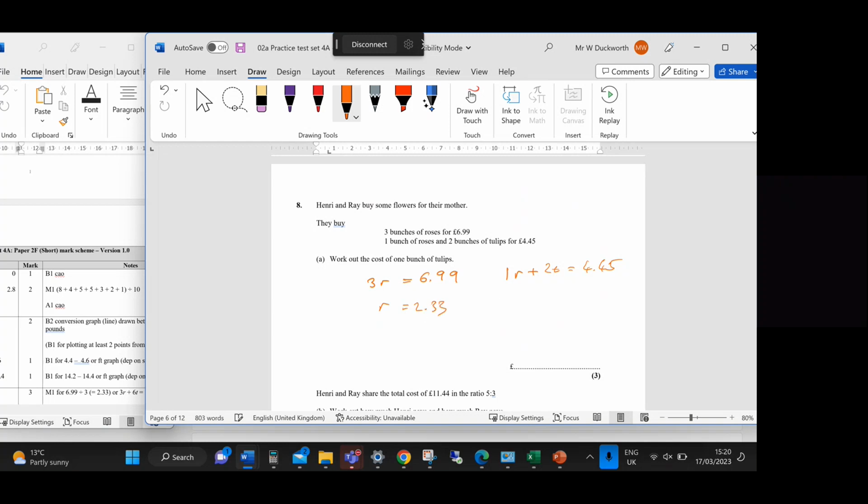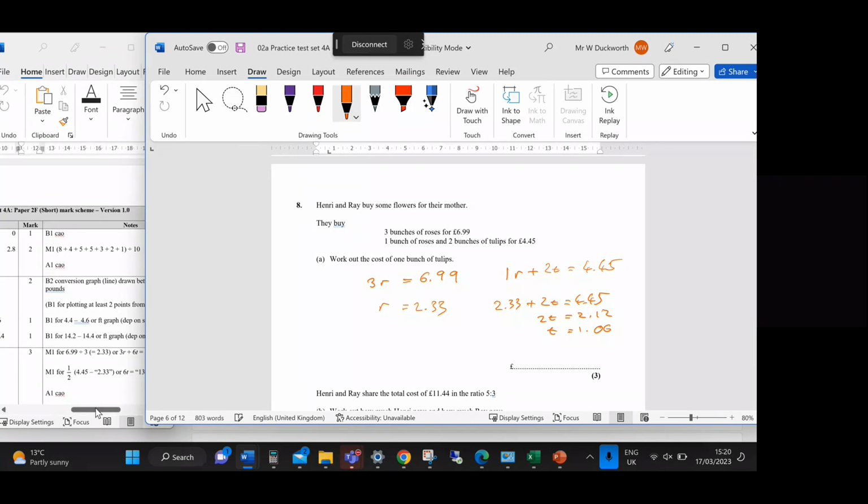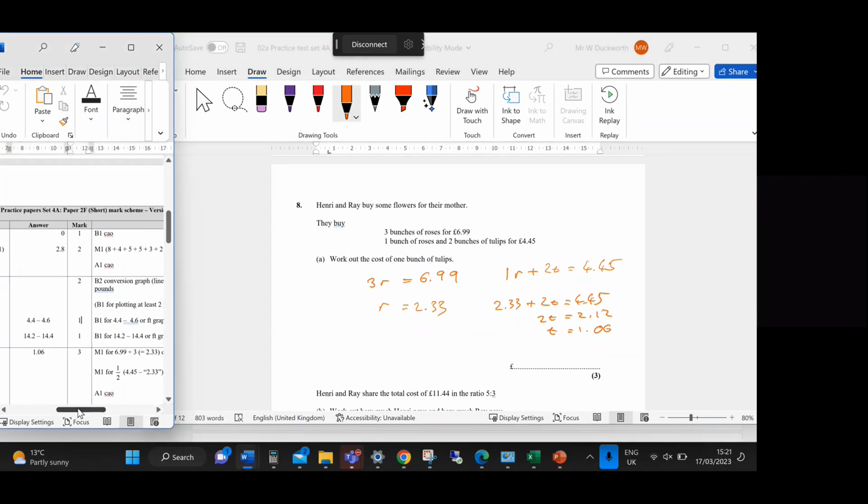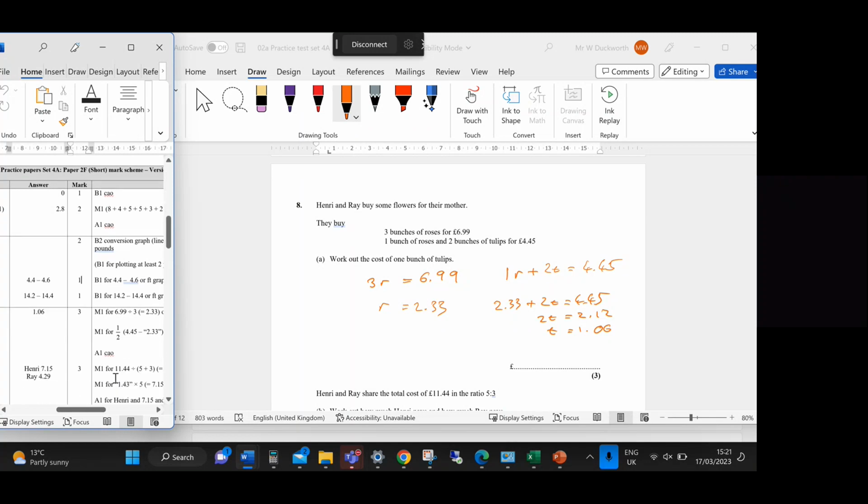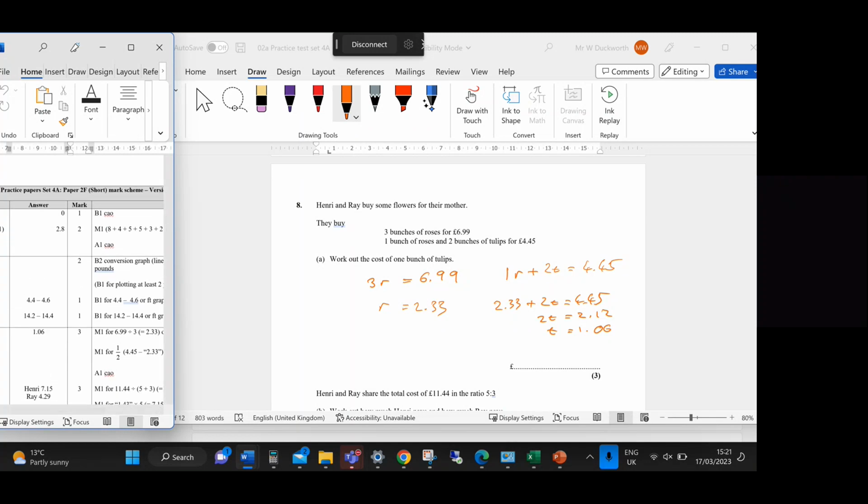So in effect, I'm saying £2.33 plus 2 lots of tulips is equal to £4.45. Meaning that 2 lots of tulips are going to be equal to £2.12. You can use your calculator for this if you want to. So I think 1 tulip is going to be £1.06. But I might want to double check some of those workings on my calculator. It looks like I'm right though. So I'm looking at 1.06 there.